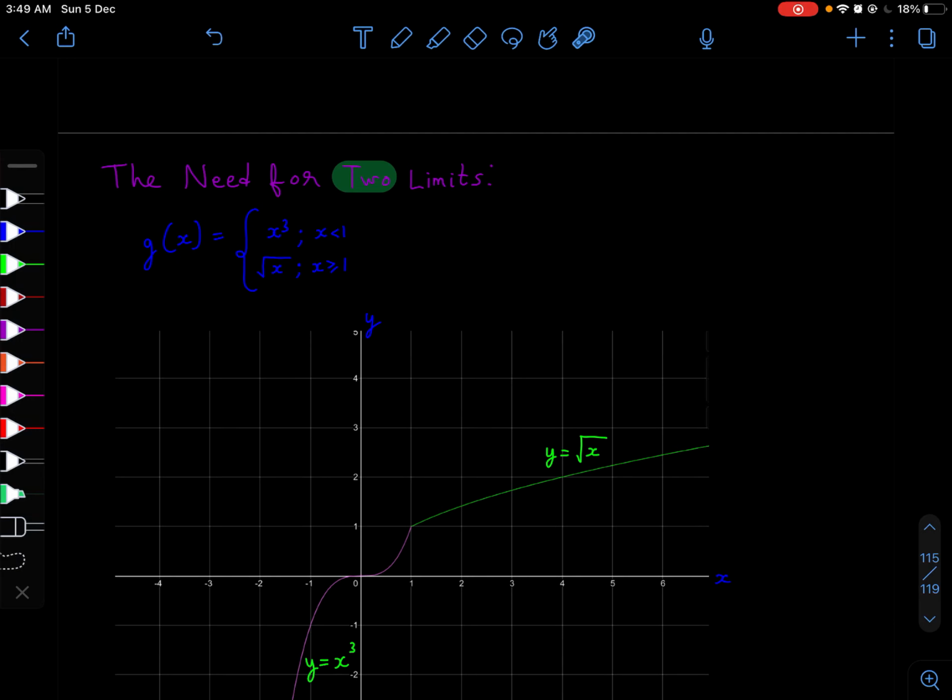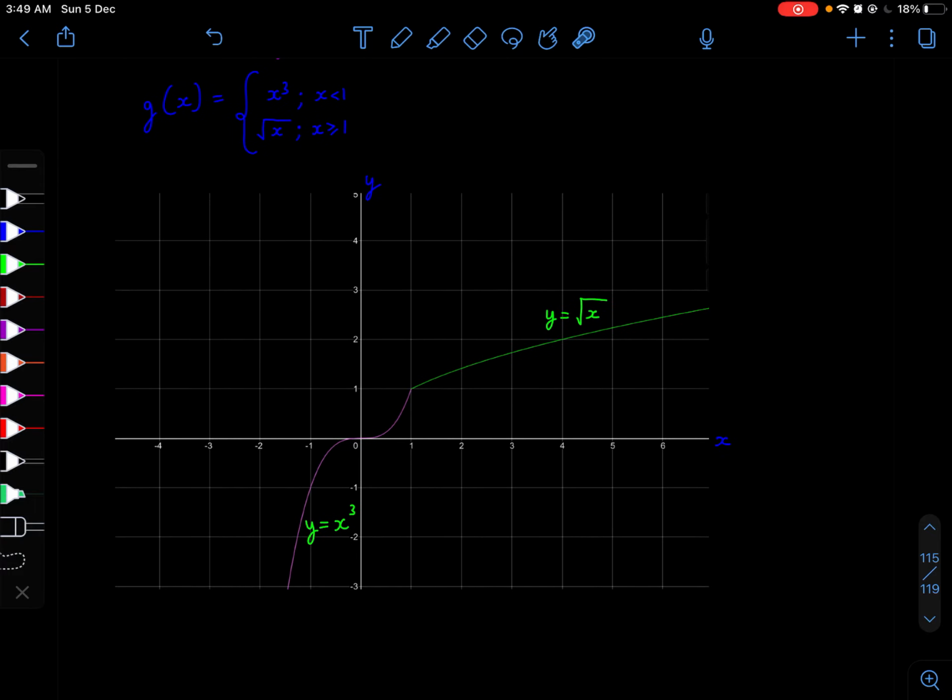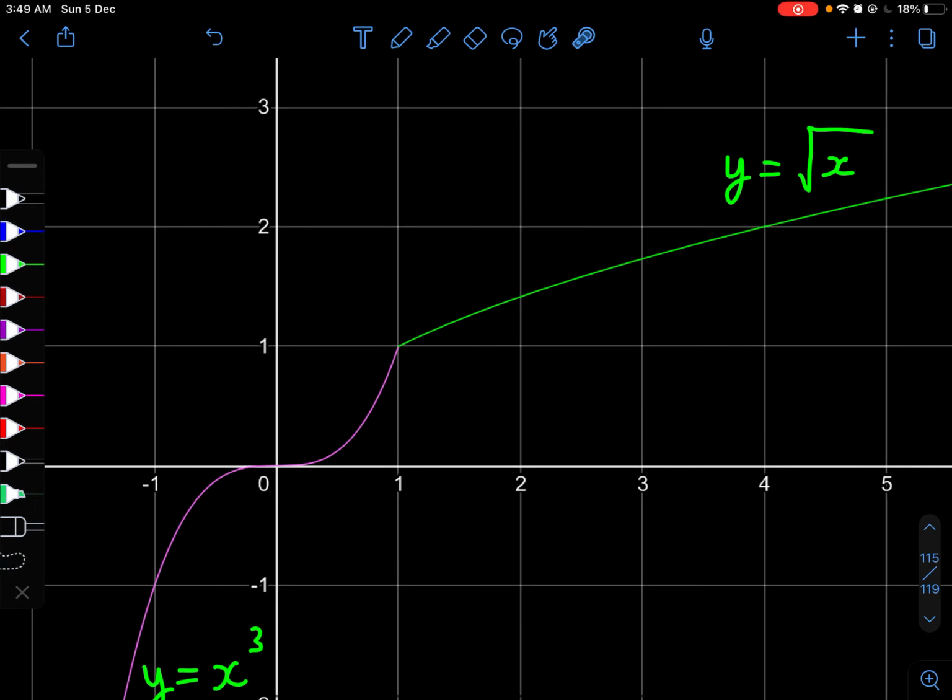Well, suppose the function g of x equals x cubed when x is less than 1, and it equals the square root of x when x is greater than or equal to 1. Then at this point, if we just were to draw a tangent without calculating anything, using the curve y equals x cubed, then at 1 comma 1 we'd get a tangent which should probably look something like this.